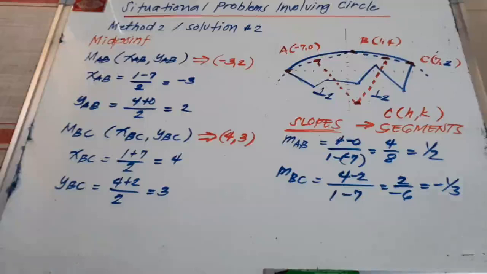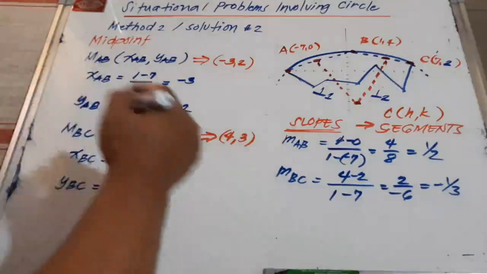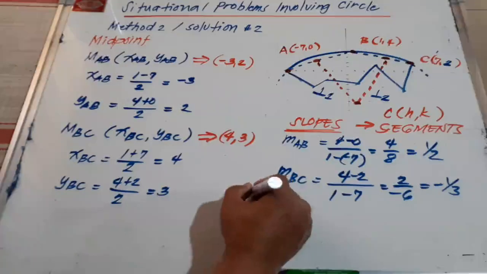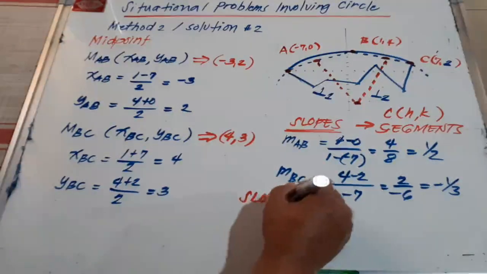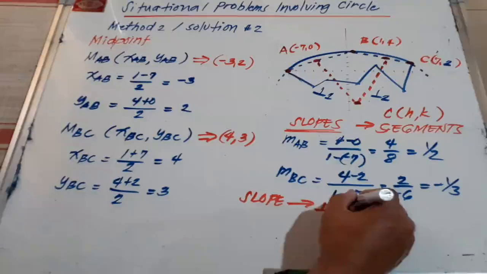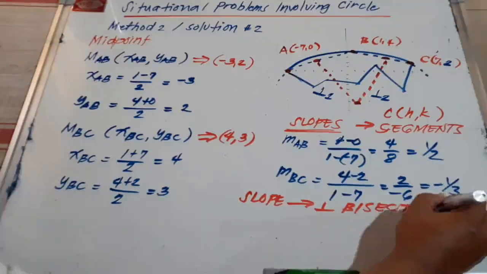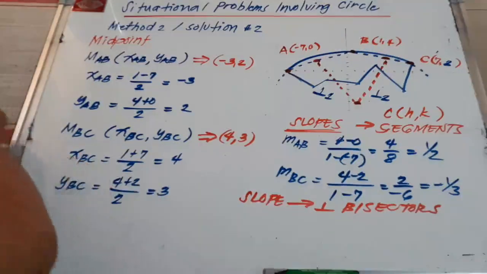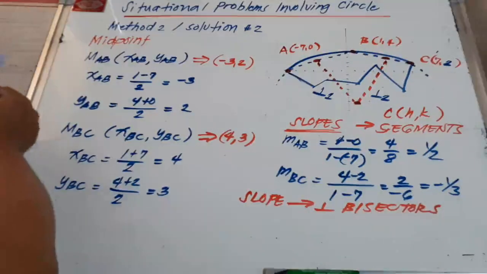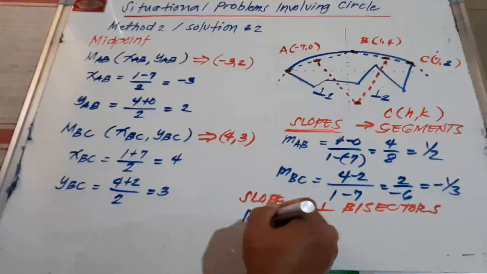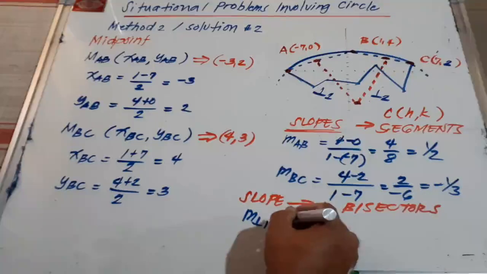Now that we already know the slopes of the segments or the chords, pwede na natin makuha yung slope naman ng perpendicular bisector. Dalawa. Sabihin natin, yung ating unang perpendicular bisector is this one, at ang slope niya is M1.